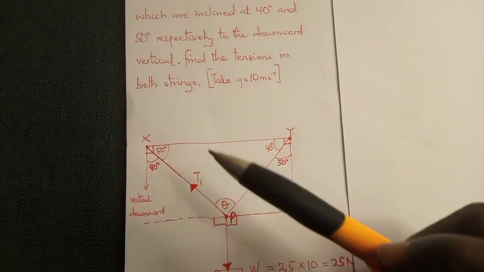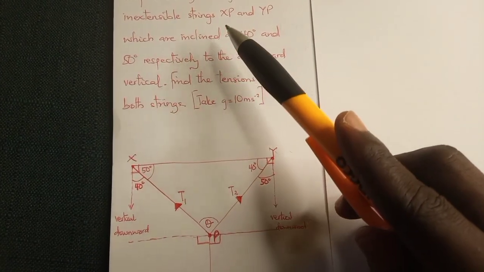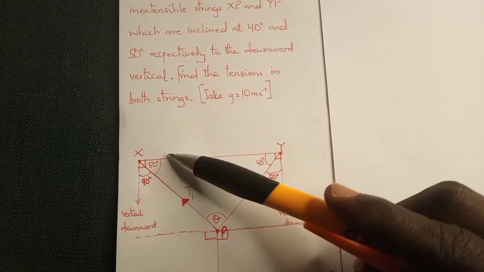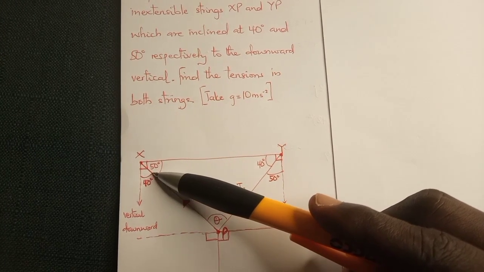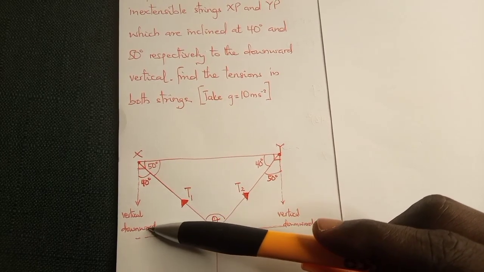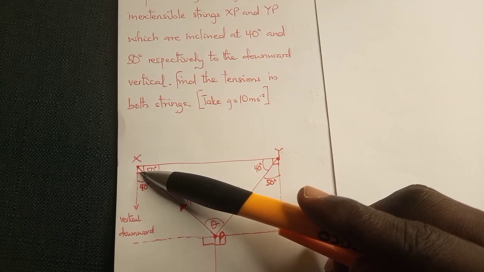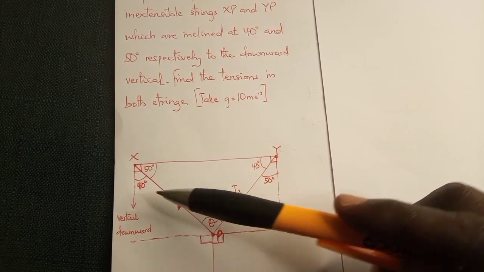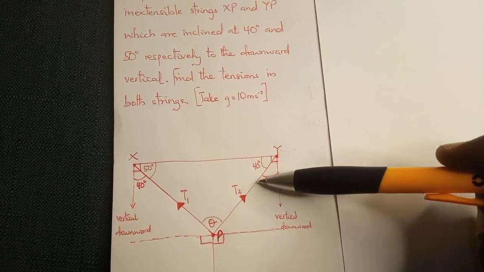The angle between the downward vertical and XP should be 40 degrees, and the angle between the downward vertical and YP should be 50 degrees.